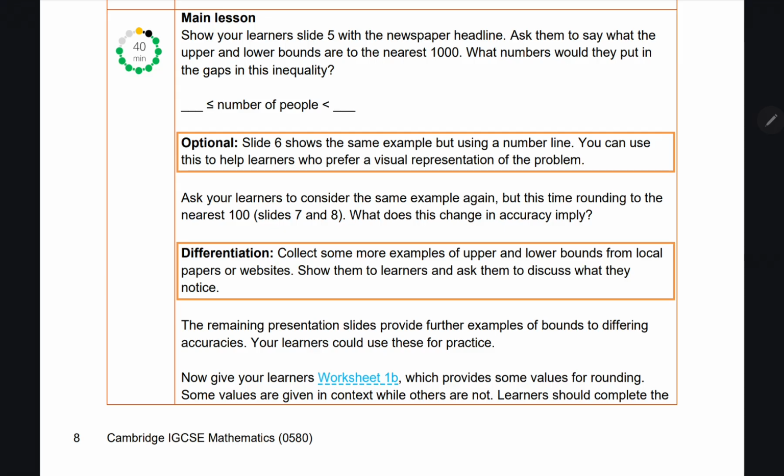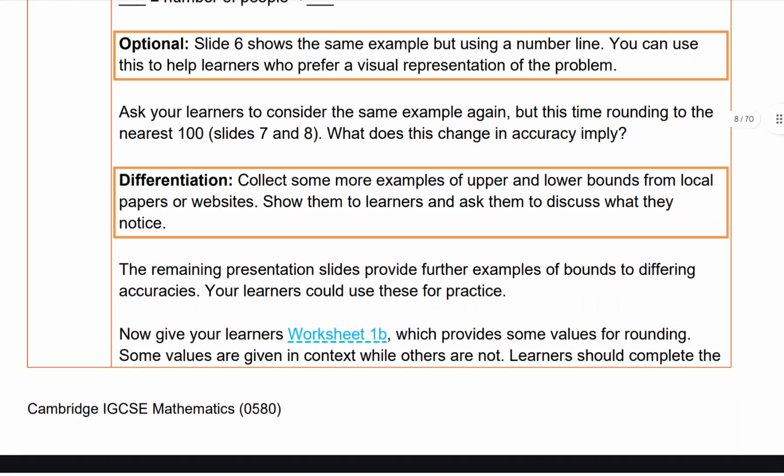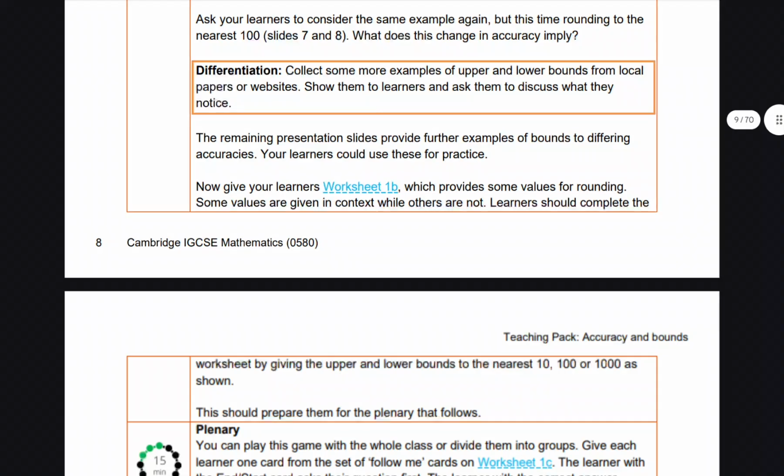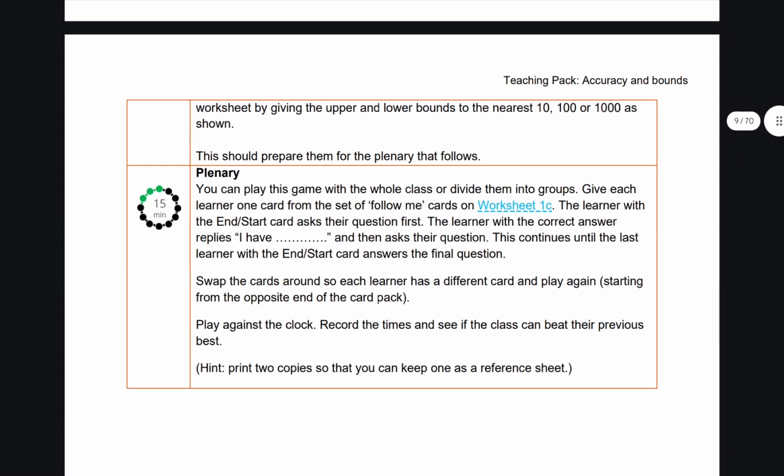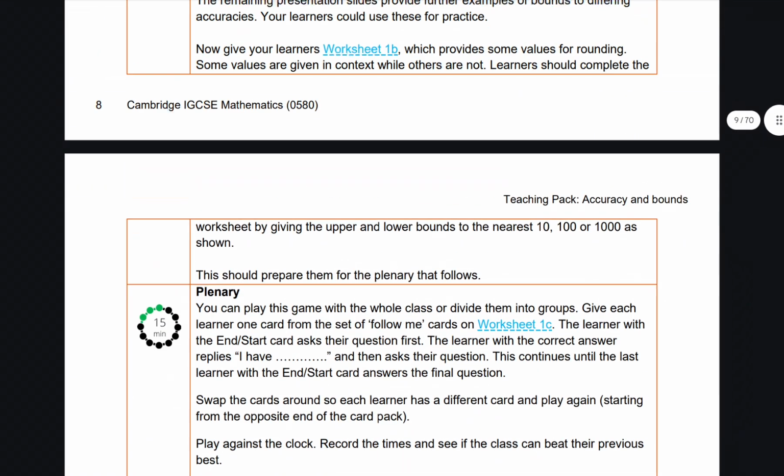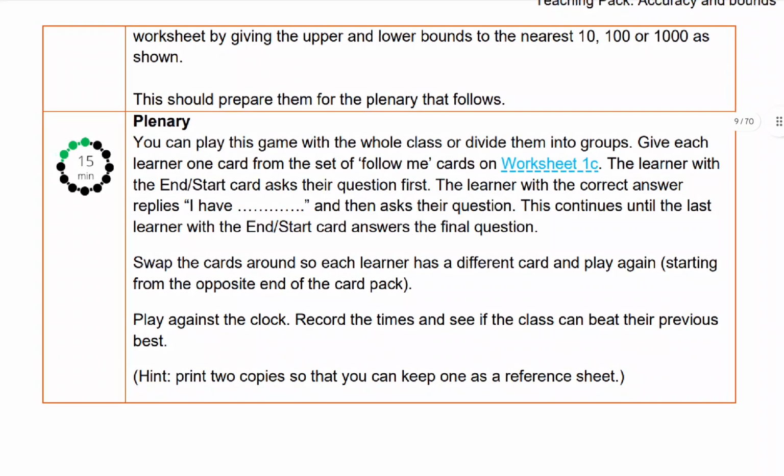Damn, you're giving your people preferences. Damn. Okay, worksheet 1B. Sure. Plenary that follows. What is a plenary?